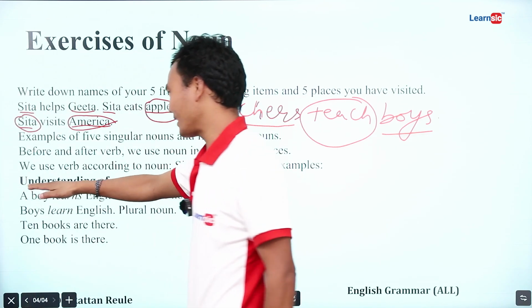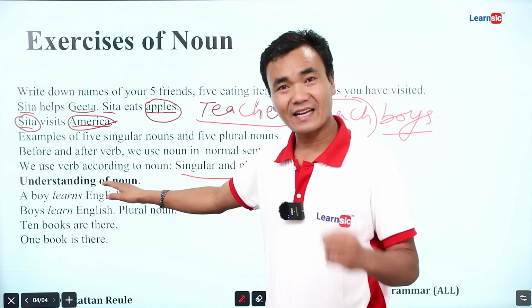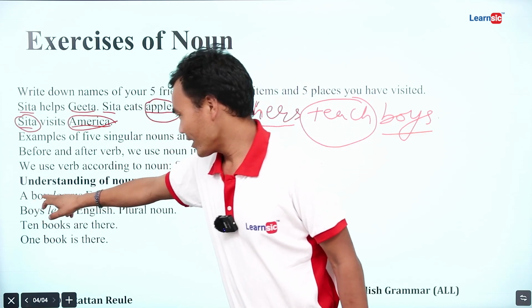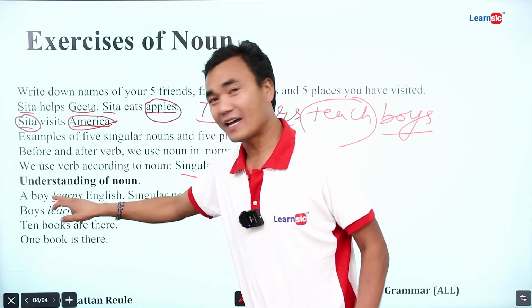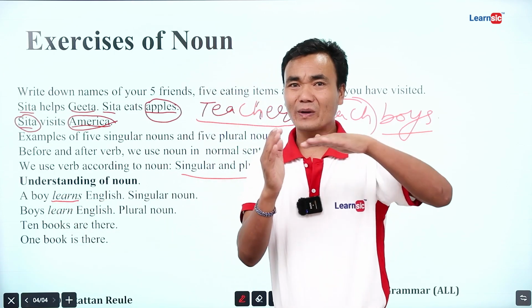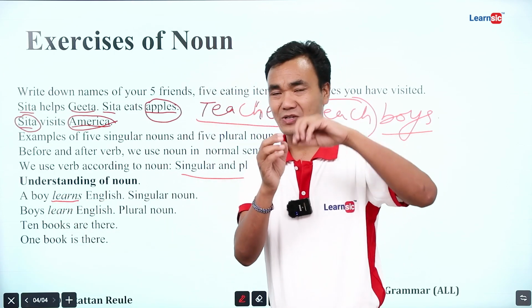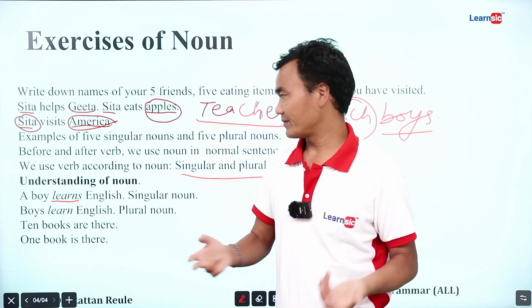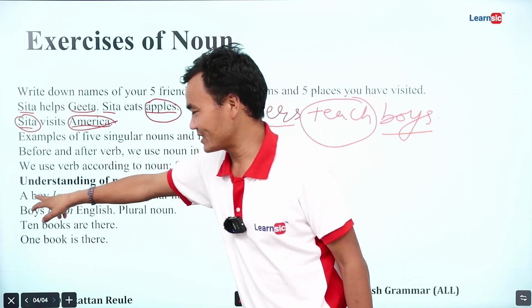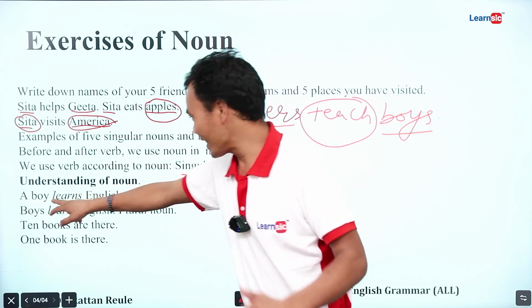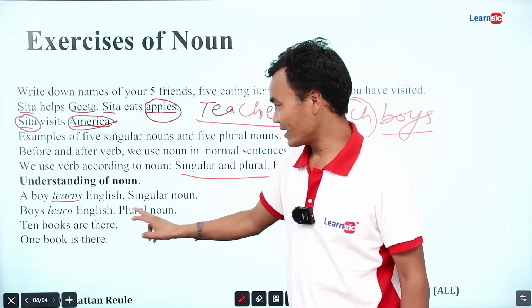So now finally the class understanding of noun. A boy learns. So as I said, हामीले noun को according to the subject of a sentence we use the verb. So here we are using the verb with s because there is a singular noun. A boy learns English, singular.